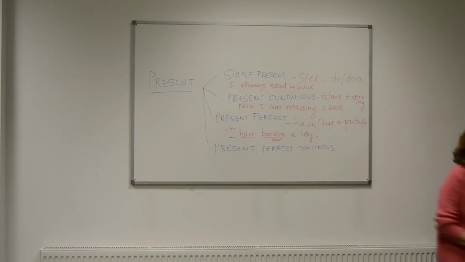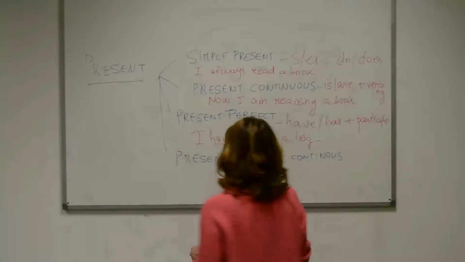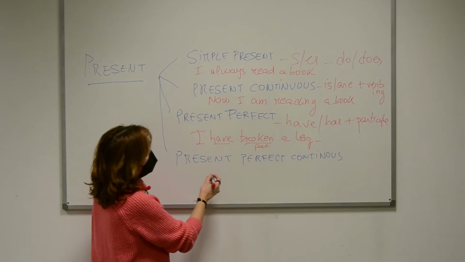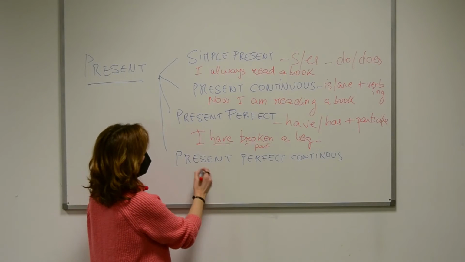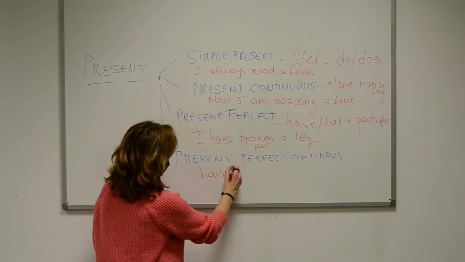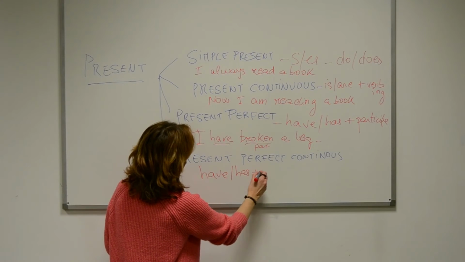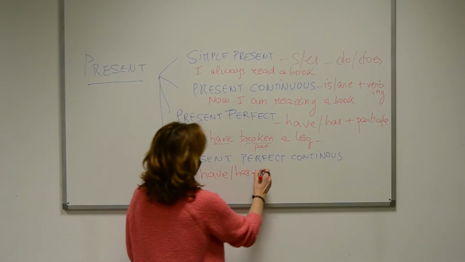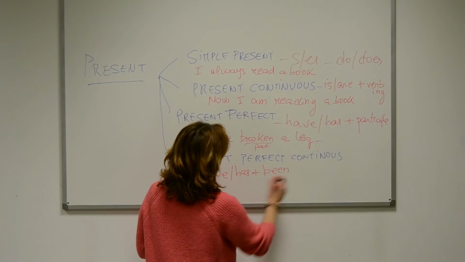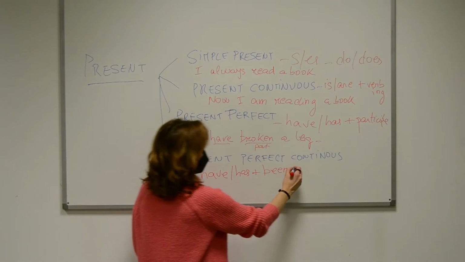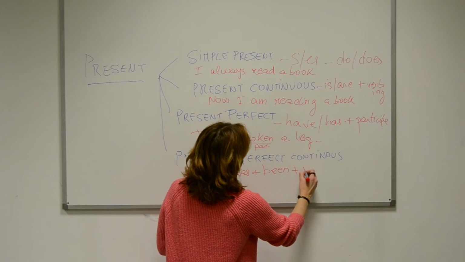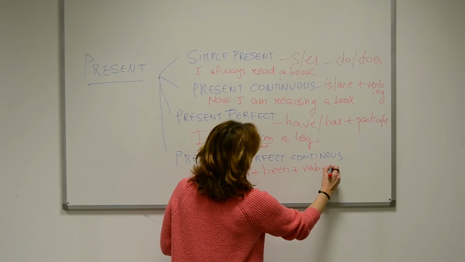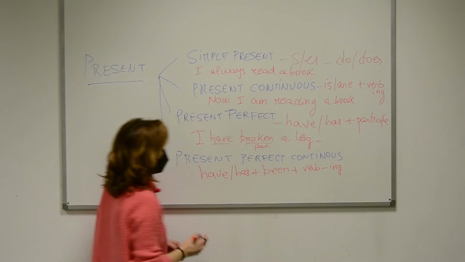This present perfect continuous is a form with have or has plus been, participle of the verb to be, plus the main verb with ing.